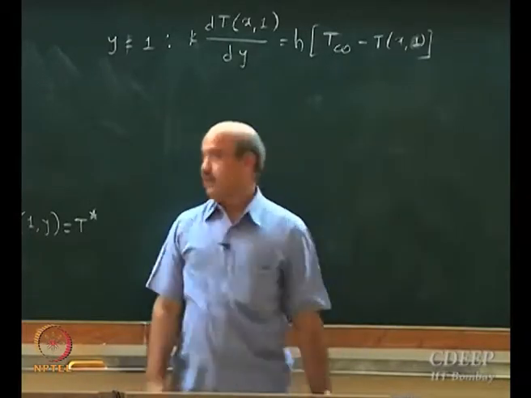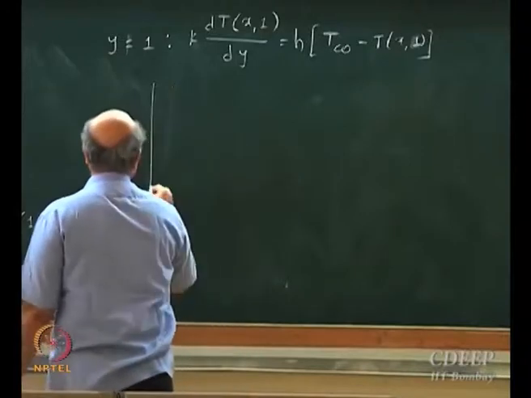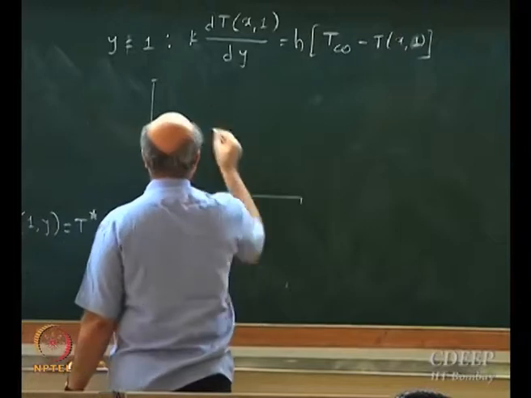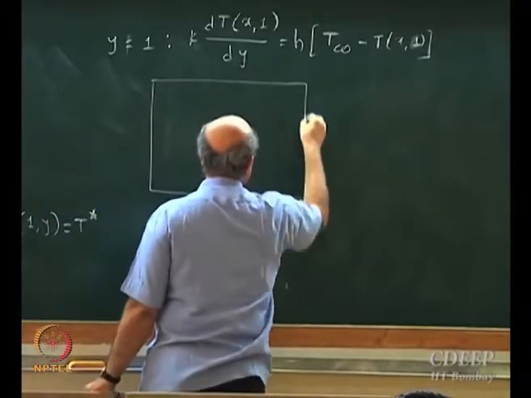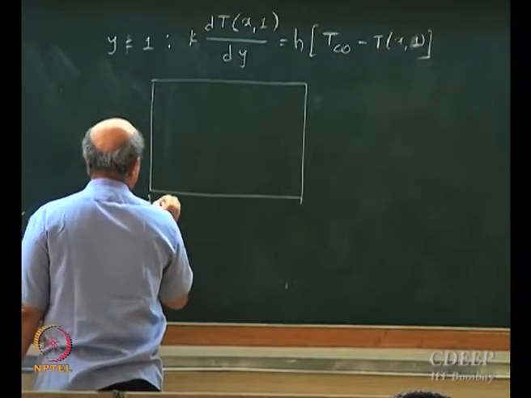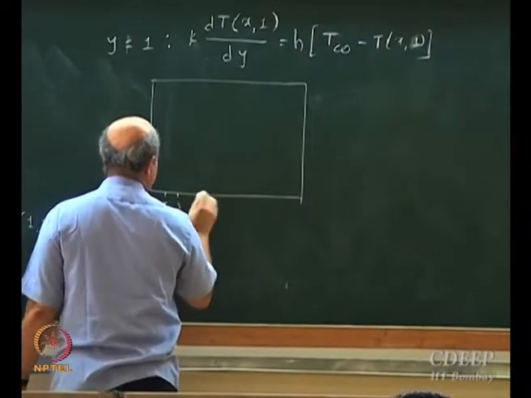When we use the finite difference method, what we got was a set of linear algebraic equations. What we had done was we discretized the domain, 1, 2, 3 and so on.